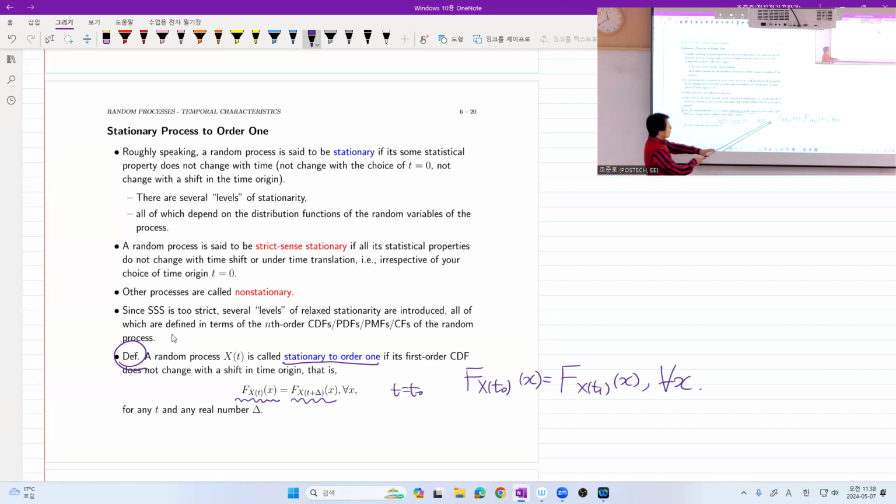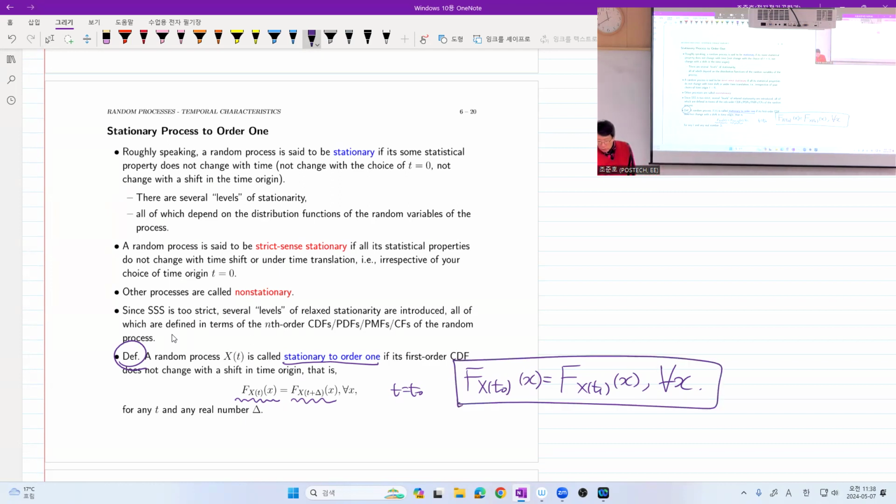Here, be careful: the left-hand side is written as a function of x, and also the right-hand side is written as a function of x. So they are both functions of x, and they are equal for all x. Okay? So it does not change, of course, for all t0 and t1.